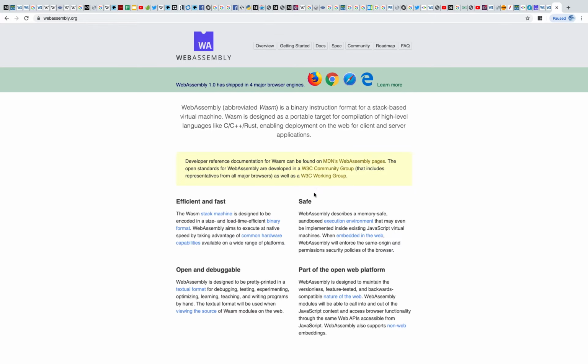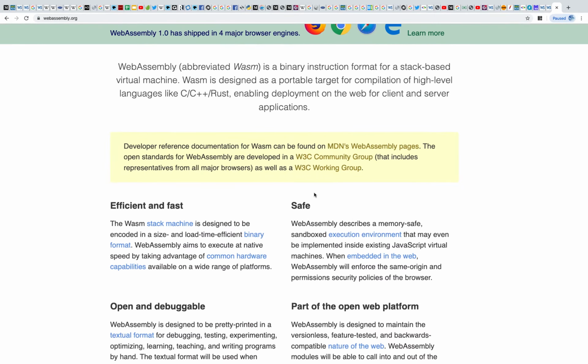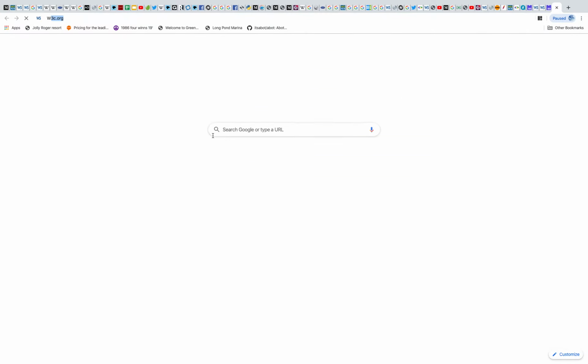But what this does is it allows you to run things like C programs, C++, I think Python. Let me look up all the languages. WASM.